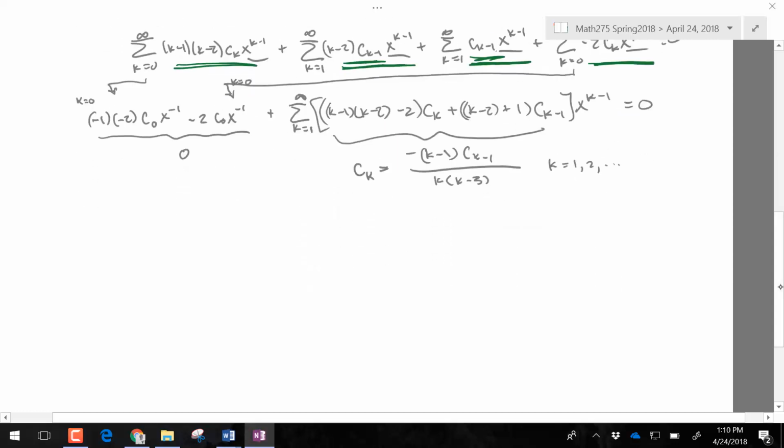All right, so let's see if we can continue on with this pattern. So k starts with 1. C sub 1 is equal to, what happens when this is 1? That's a negative. 1 minus 1 is 0, right?